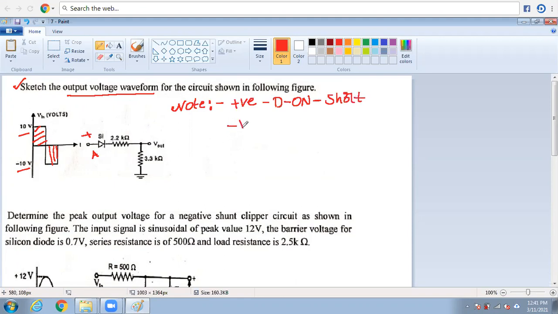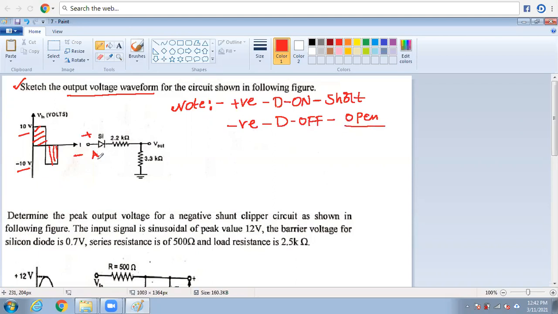For example, if it is the negative peak, this negative terminal or negative peak is connected to the anode terminal. In this case, the diode is in the off state, so the circuit is open. So it only responds to the positive peak, while applying the negative peak there is no current flowing in this circuit due to the open circuit.